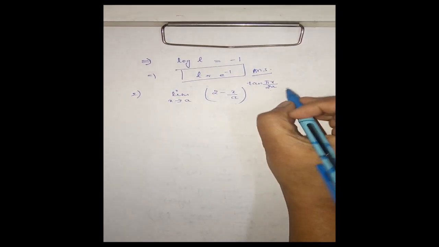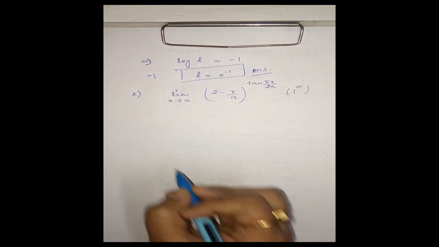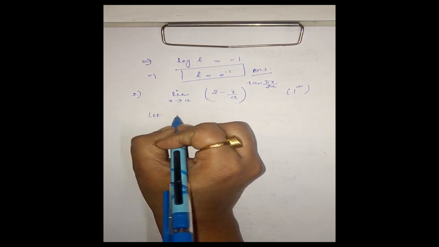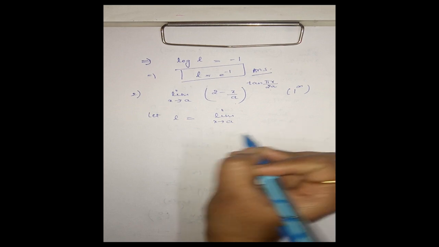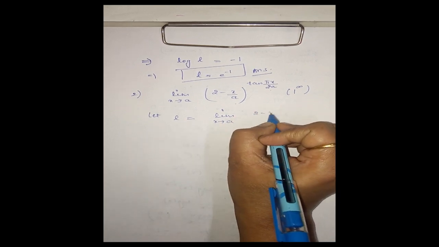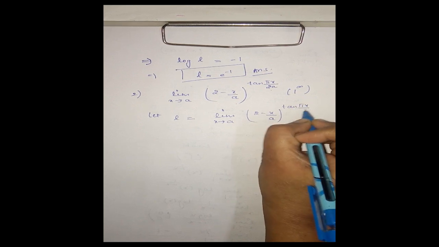Okay, that means this is of the form 1 power infinity. Again we have to take L to be equal to this limit and we will take log both sides. Okay, let L is equal to limit 2 minus x by a power tan pi x by 2a.